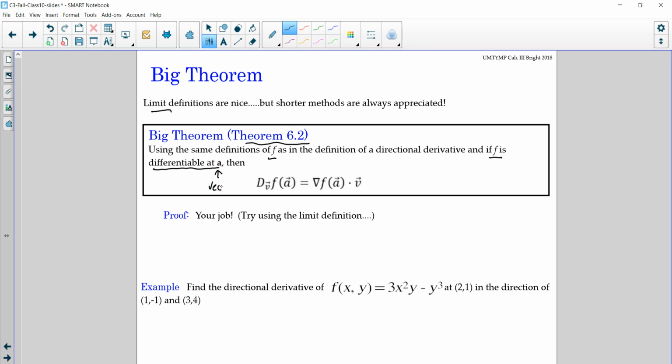Then we can say that the directional derivative at A is equal to the gradient of f at A dotted with, this is not multiplication, this is a dot product, the vector that we are progressing in the direction of.